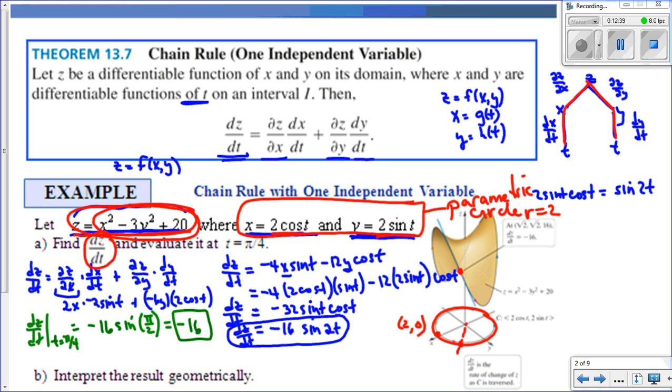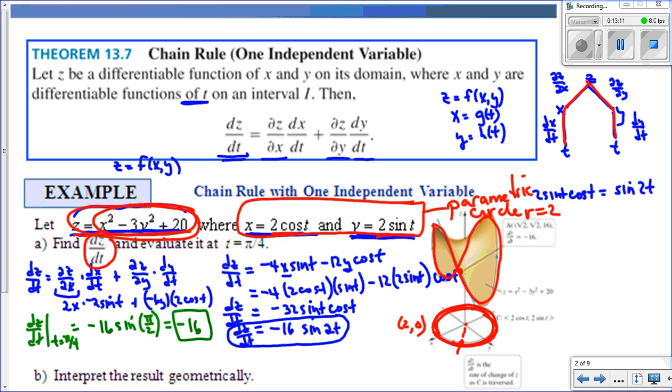And as you're moving around that circle, you're tracing out a path on that surface. This would be the path that the object is taking along the surface as the x and y values are moving around the circle in the xy plane.